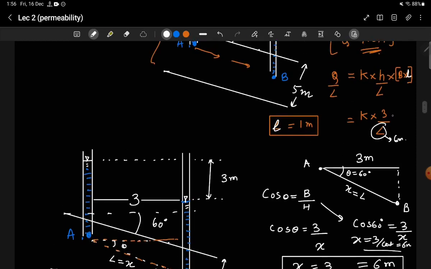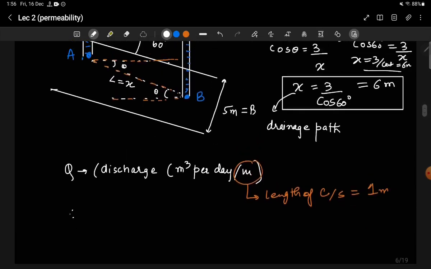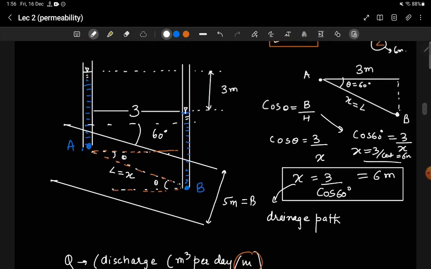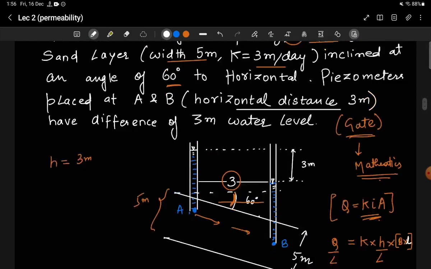Then we have the width, which is given by 5 meters. Hence the discharge would be KIA, which would be 3 meters per day into the head difference between the 2 points was given to be 3 meters.